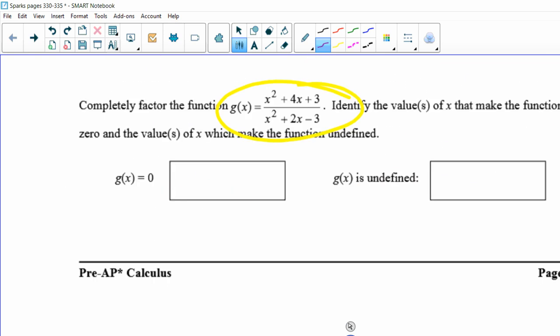Negative 1. And undefined? Good. All right, so far so good? Isn't that where you have a vertical asymptote?